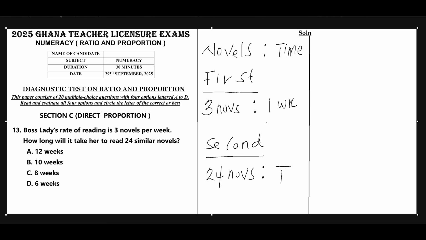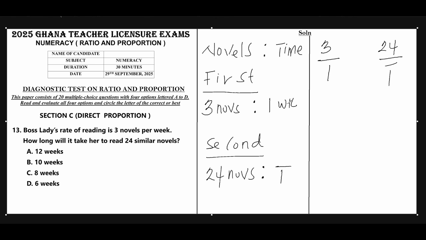So 3 novels per week can be written as 3 on 1. In the second instance, we have 24 novels on T. So remember we said ratio can also be represented in the form of common fraction.